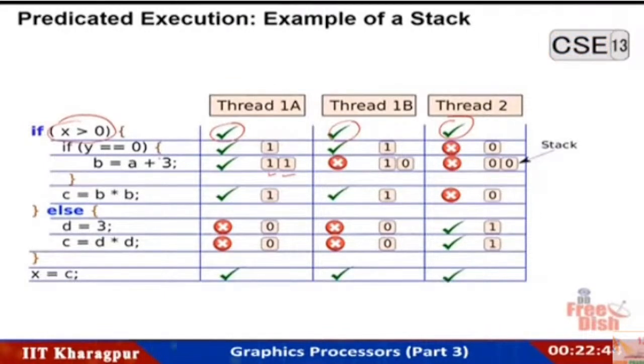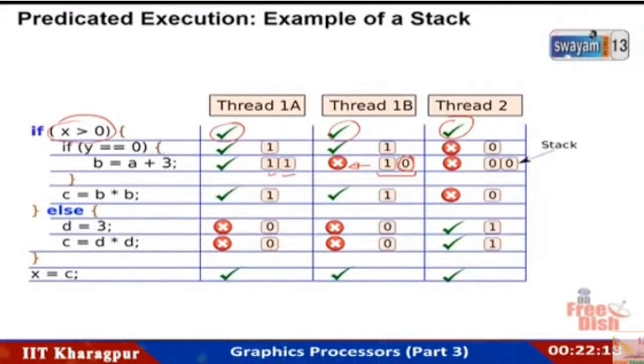That is why for thread 1B this predicate here is false. So instead of pushing a 1 onto the stack, we push a 0. And because we have one 0-valued entry, this instruction is on the wrong path of thread 1B. That is why this instruction is not going to be executed, it will be ignored.